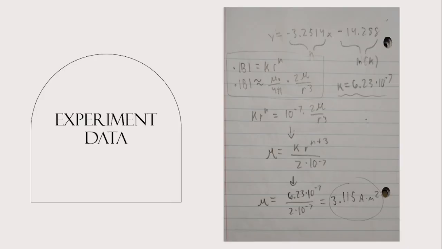We then used our linearization equation from the spreadsheet to find our n and k values.